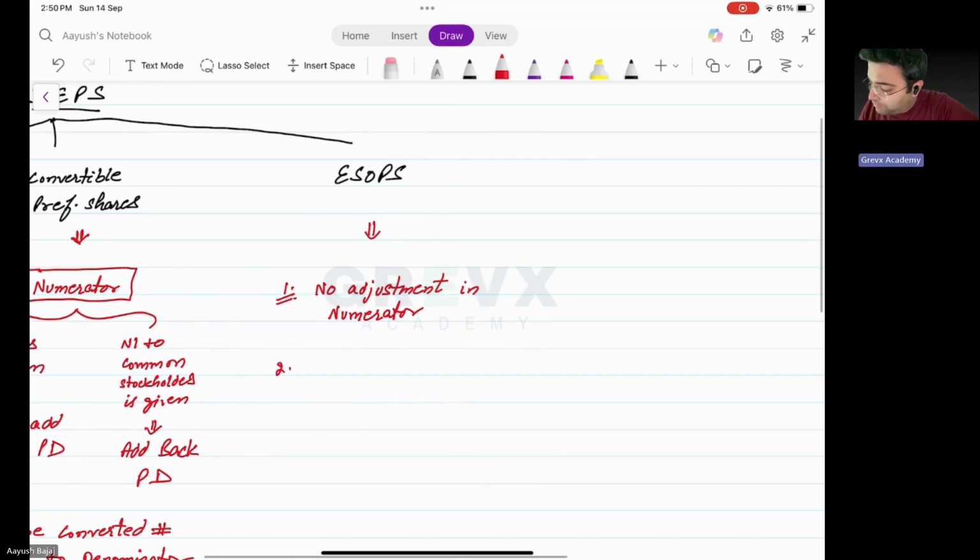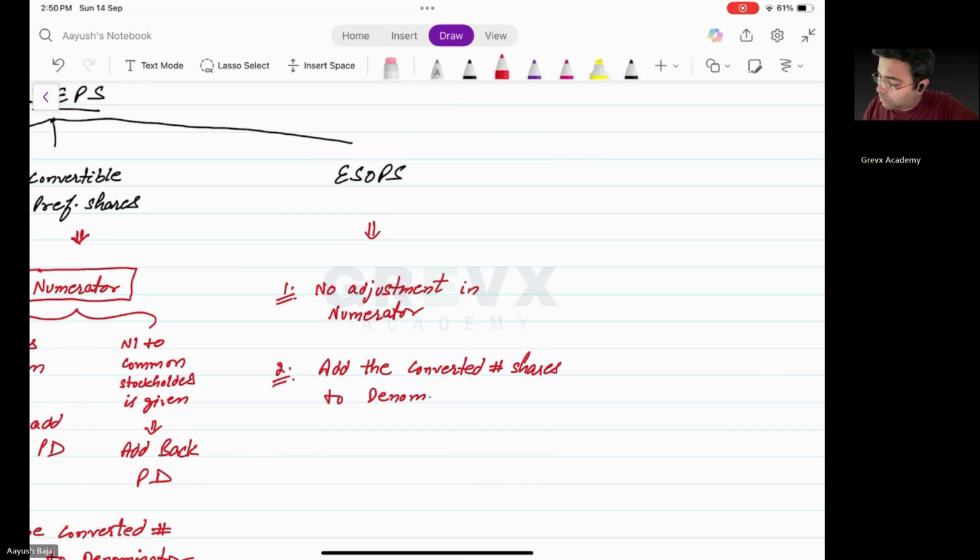Now, but in denominator, add the converted number of shares to the denominator.